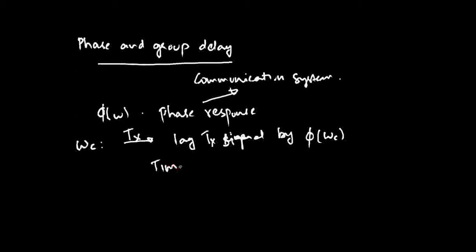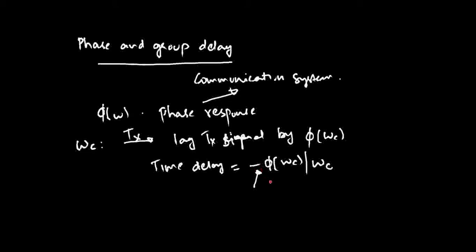So the time corresponding to this delay can be calculated as minus phi of omega c by omega c. What does this minus indicate? There is no big reason why we put a minus.